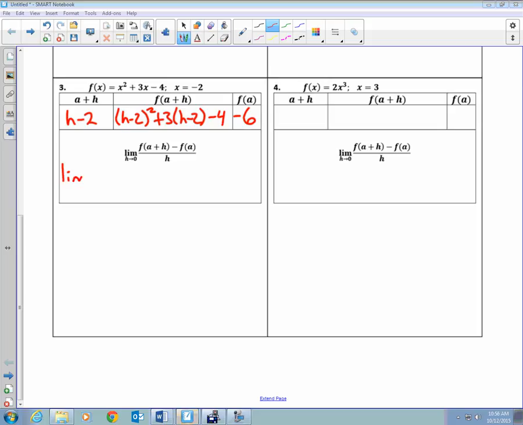So I have the limit as h goes to 0 of f of a plus h, write this whole thing, and then I have to minus f of a. So if I minus f of a, I'll have plus 6, all divided by h.